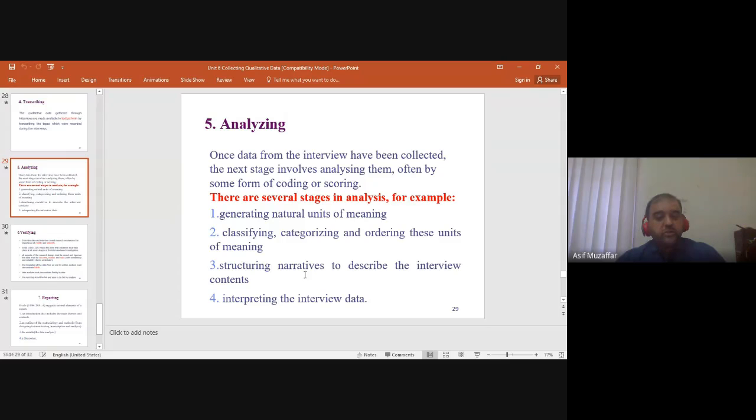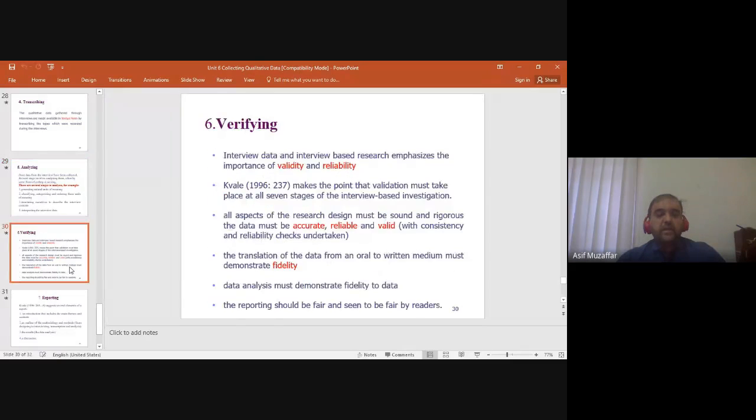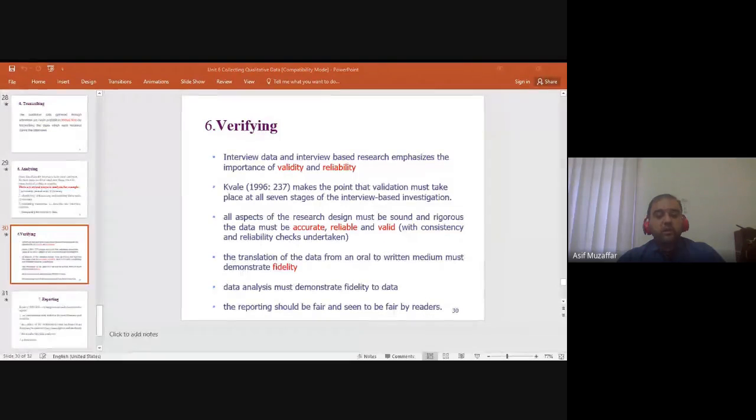And they give narration. Narrations mean the wording to those things. They interpret the interview. This is the analyzing of the qualitative data. And then you verify. Verify validity and reliability, I told you. More interviews you will conduct, more validity will be there for your theory.